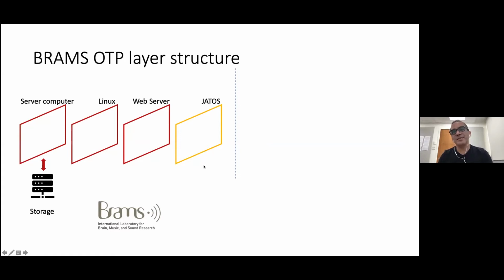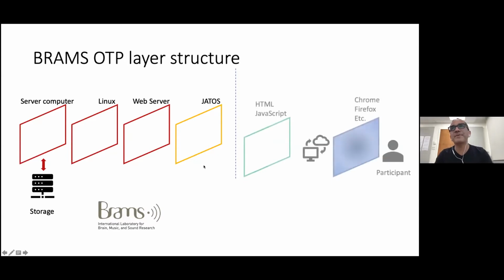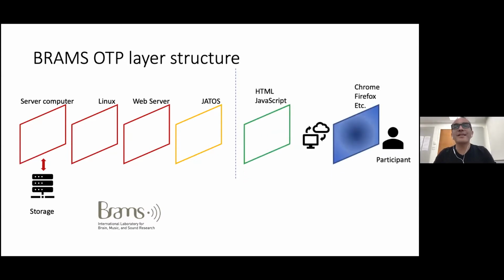So that's this side of the world. But then what happens when your participant clicks on that link? So your participant is in the far right, and then he may be using Chrome. Right now, when I clicked on the link, it opened in Safari automatically. I didn't want Safari to come up, but it came.